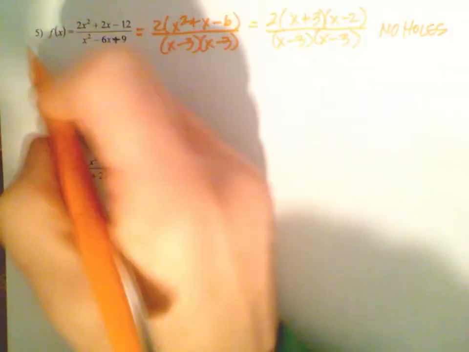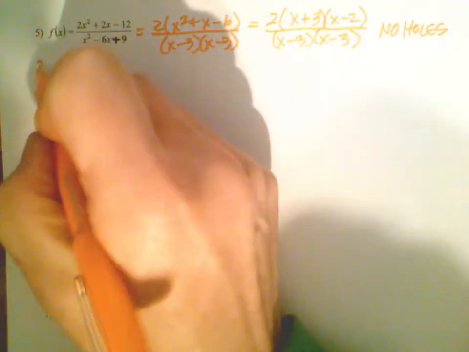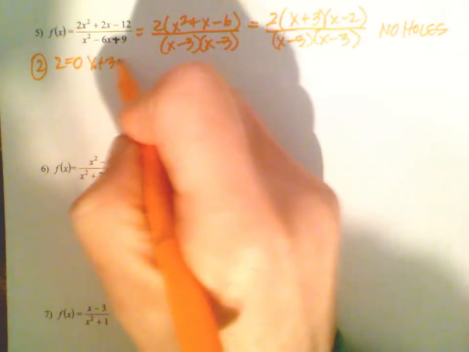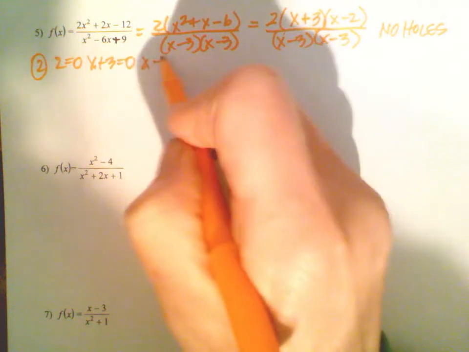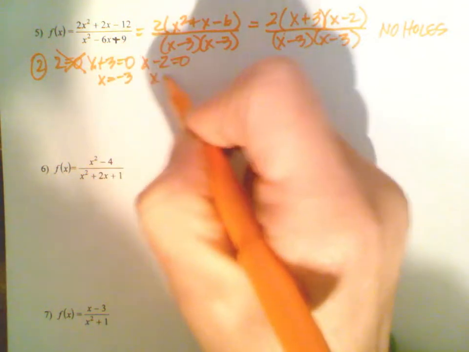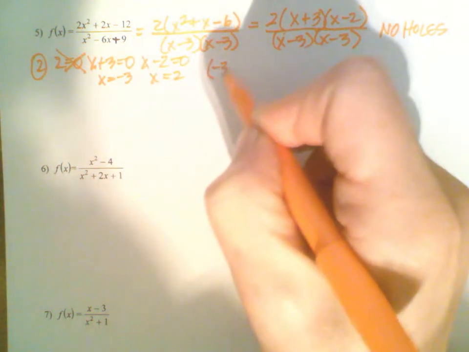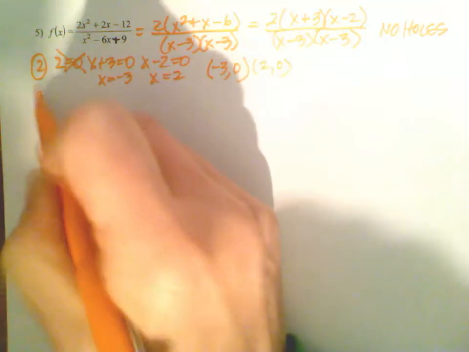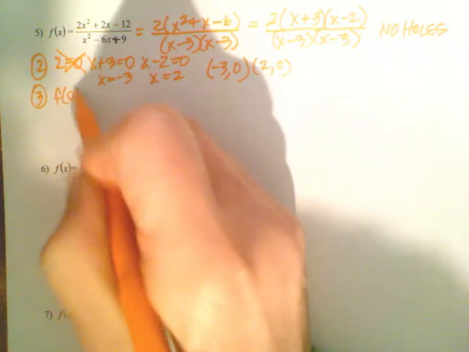So I'll go through the rest of the process as I did before. My x-intercepts are when 2 equals 0, when x plus 3 equals 0, and when x minus 2 equals 0. Well, the first situation is never going to happen. So this is -3 and 2, so I have those at (-3, 0) and (2, 0). My y-intercept is when I find f of 0.